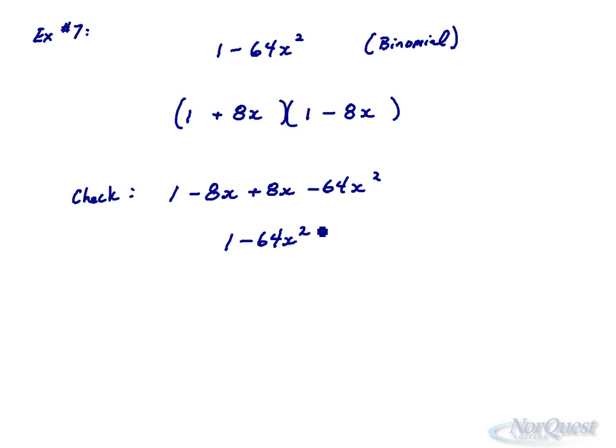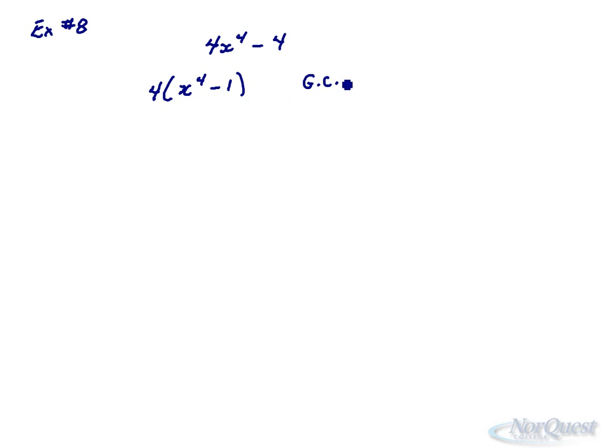And one last example, example number 8. We have 4x to the 4th minus 4. First thing we do, look for a GCF, pull out the 4, leaving me with x to the 4th minus 1.